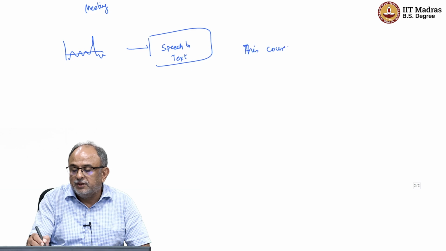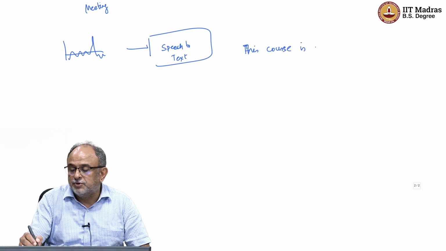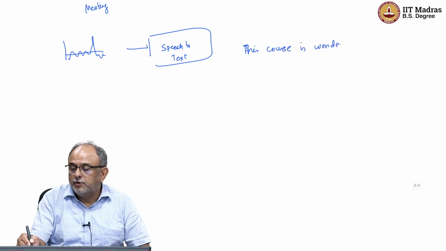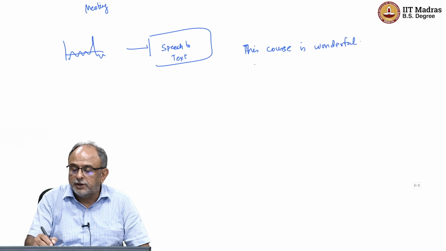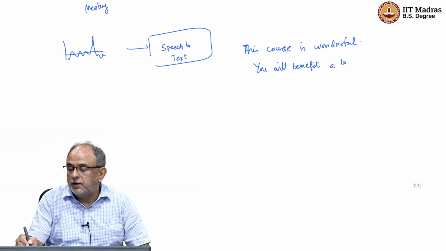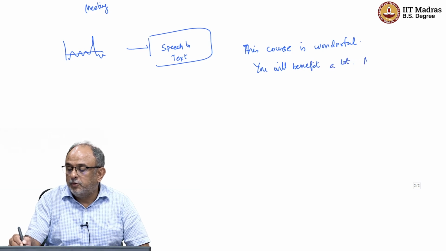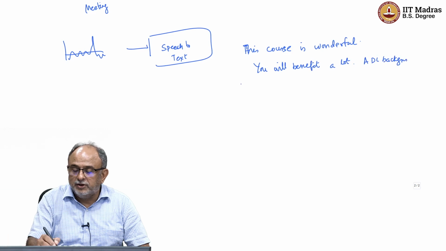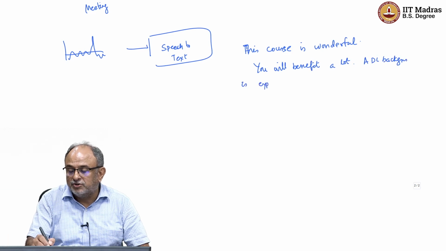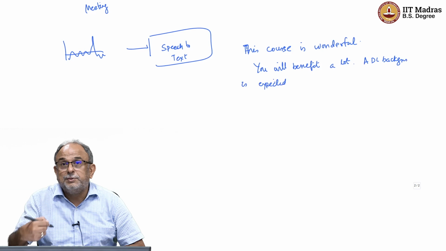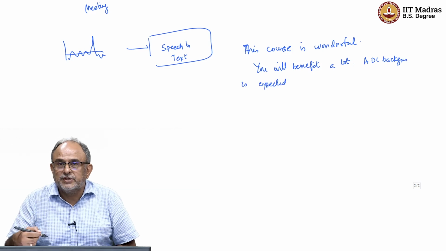output like this. I'm writing it. This course is wonderful. Okay, you will benefit a lot. Okay, deep learning background is expected. This conversation is going on, and some of it maybe you as a student asking questions to us also.